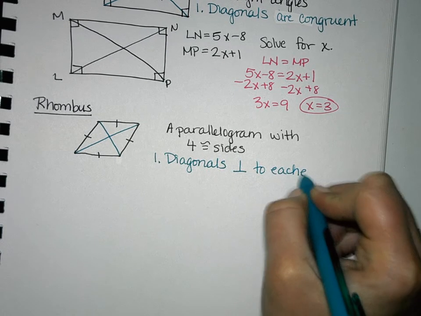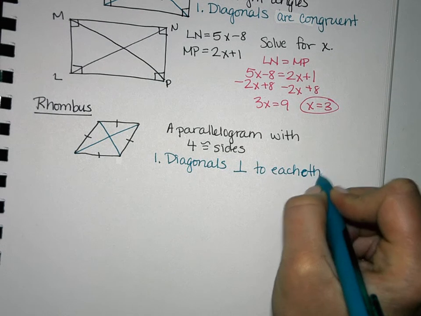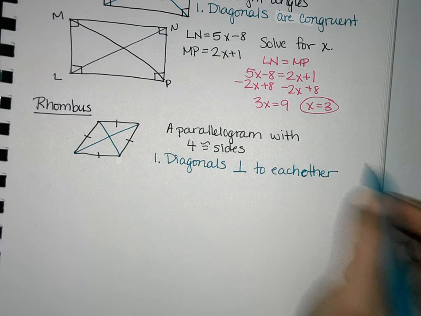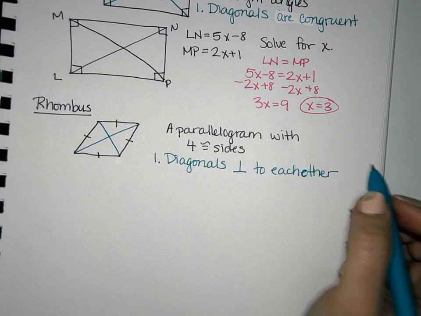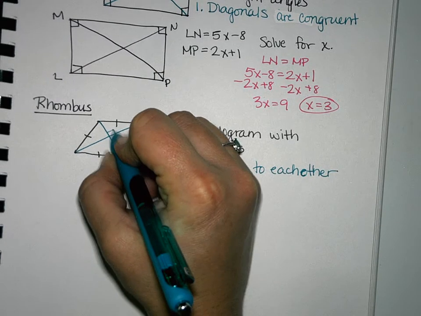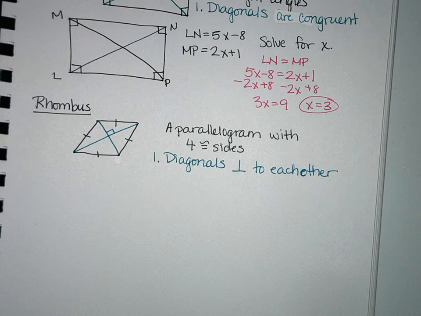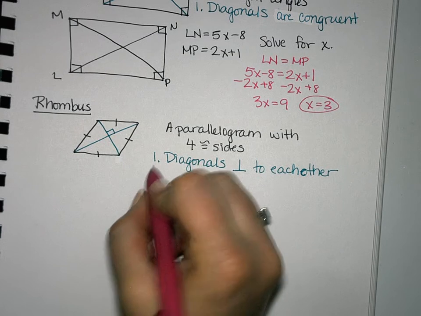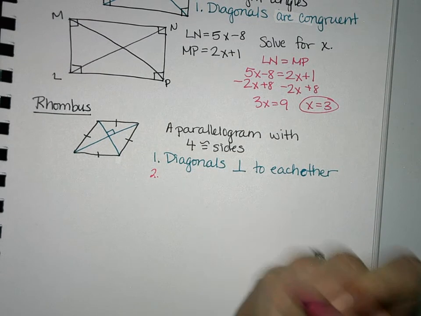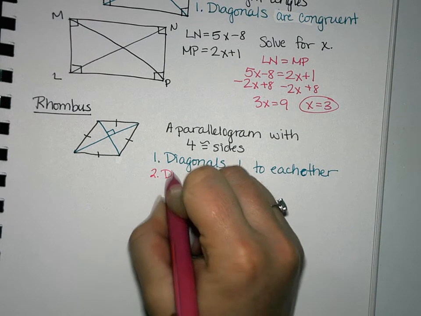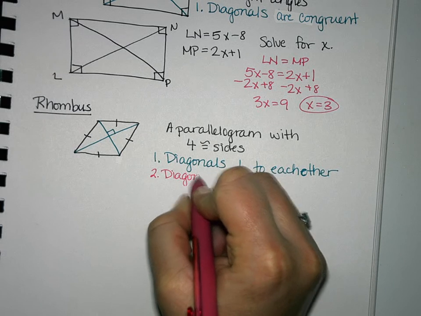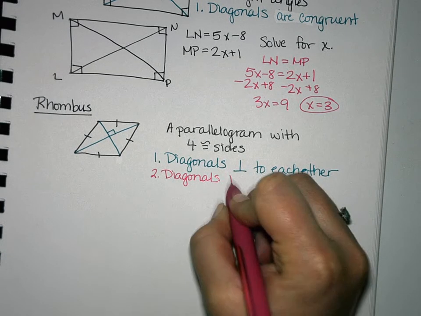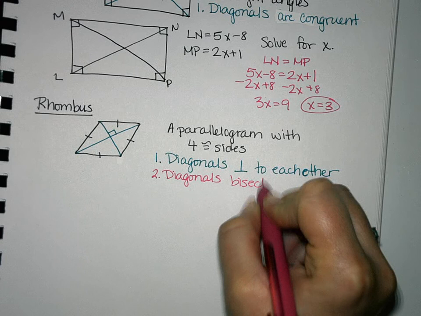So what does perpendicular mean? Makes a 90-degree angle. So that means all four of those angles where the diagonals meet are all going to be 90. The second property that goes with a rhombus says the diagonals bisect the angles.